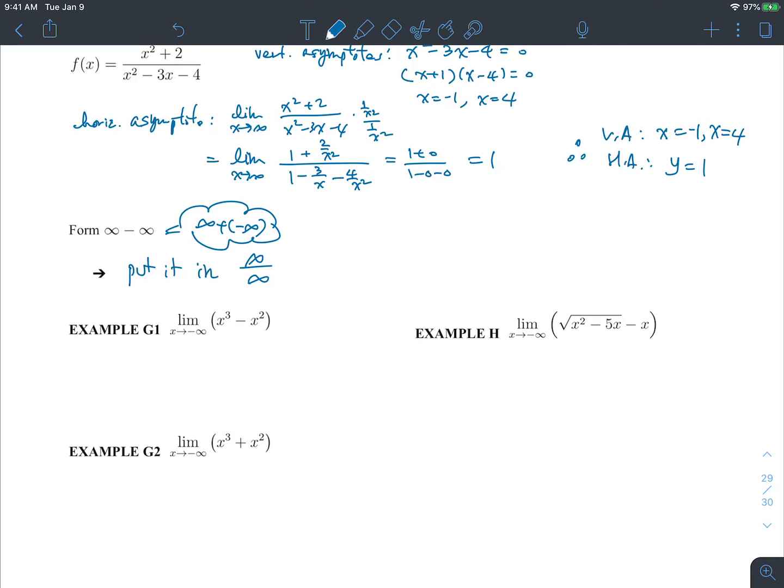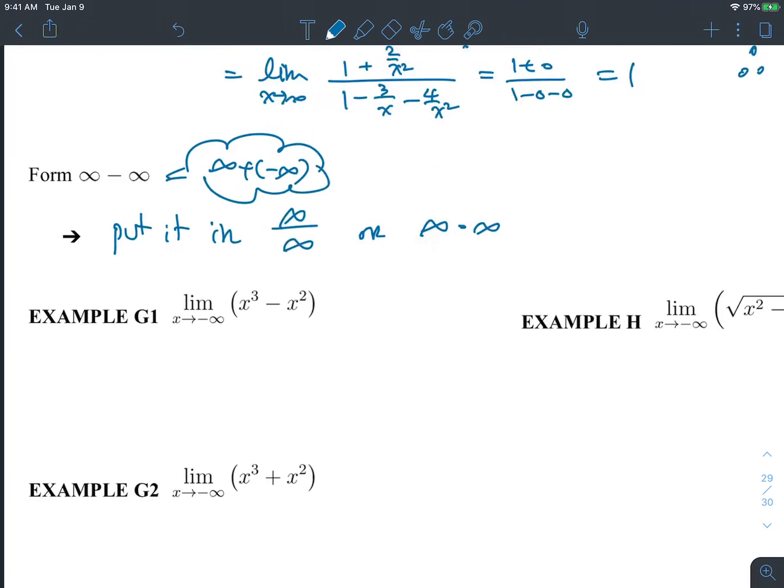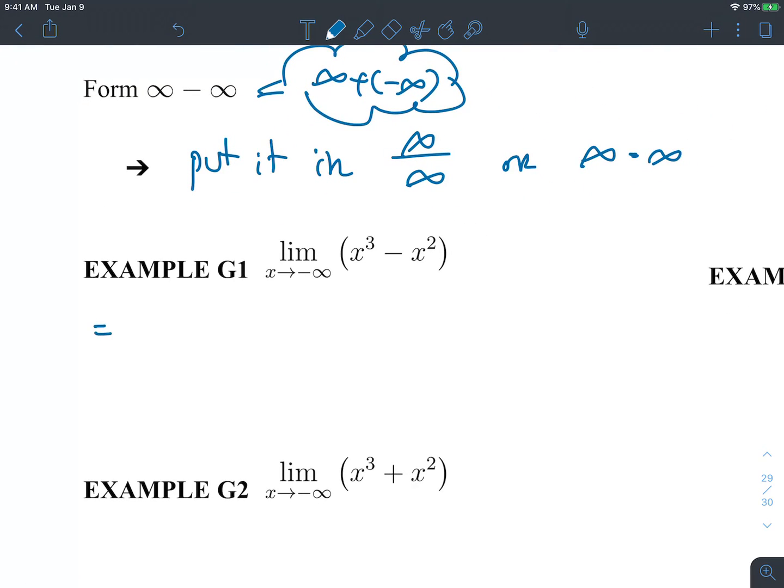Put it in the form where you know what to do with, or infinity times infinity, because infinity times infinity is infinity. Isn't that right? That's right. All right, guys, here we go. So in this particular case, what I can do is, x goes to negative infinity, that is x squared times x minus 1. So by limit law, you could separate them like this.